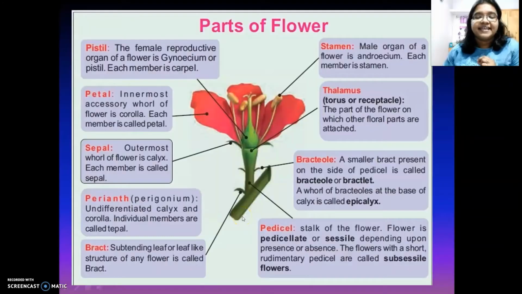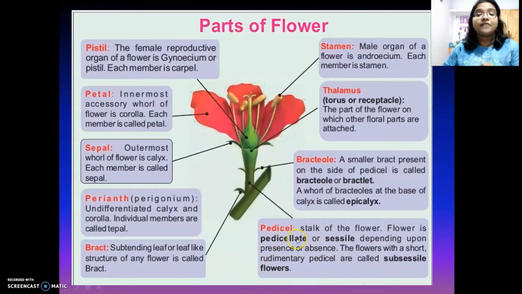In most of the flowers, you might have seen that it is attached to the main stem by means of a stalk. Am I right? Yes. The stalk of the flower is called the pedicel. See, this is the pedicel. Flowers with a pedicel are called pedicellate flowers.